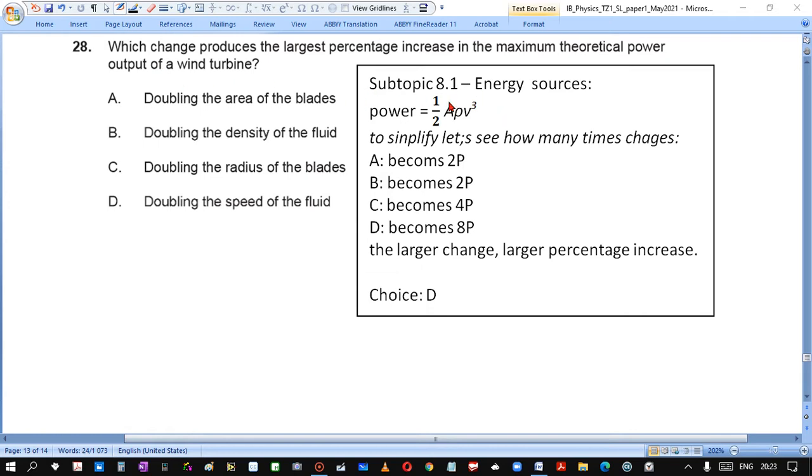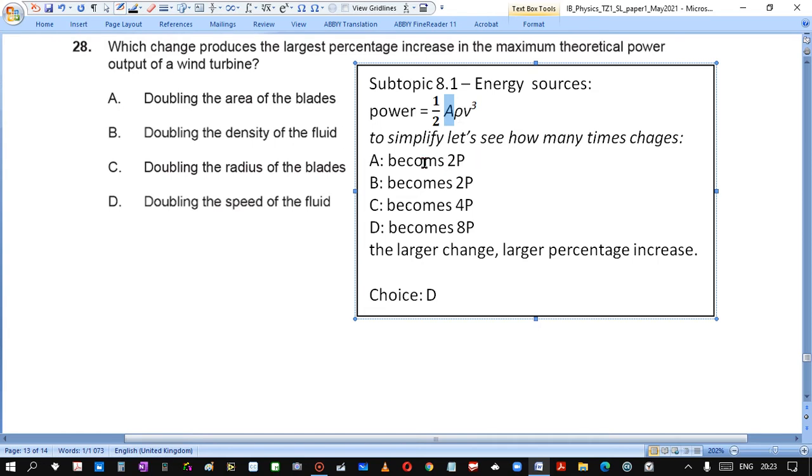So subtopic 8.1, formula for power. To simplify, let's see how these changes affect the value. So power is directly proportional to area, and area is pi r squared.